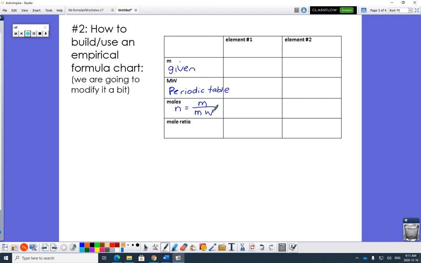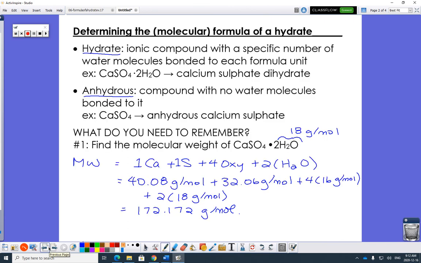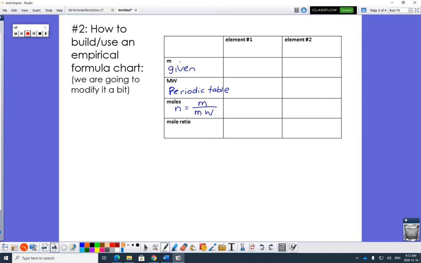We're going to do the same thing today, except the two columns, there will only ever be two. The second column, because normally when you have a hydrate, we write the water last, okay? So the second column will always be water. So that's why you might have the molecular weight of water memorized because it's always going to be 18.